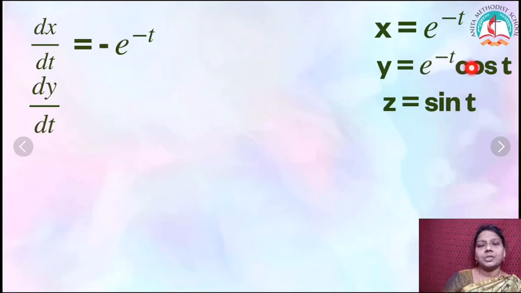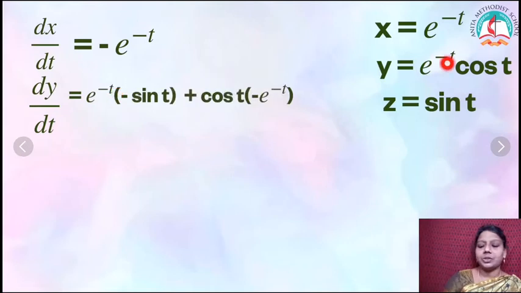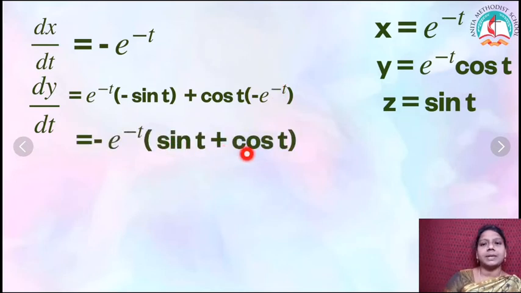Multiplication of two functions. So what we have to do? We have to keep one function and differentiate the other, plus keep the other function and differentiate the first. So it becomes e power minus t into cos t's differentiation, which is minus sin t, plus cos t into e power minus t's differentiation, which is minus e to the power minus t. We can take minus and e power minus t as common. Therefore, we will get minus e power minus t into sin t plus cos t.